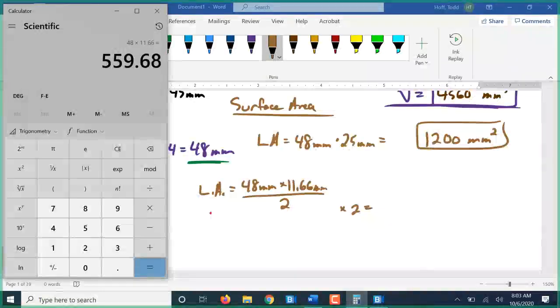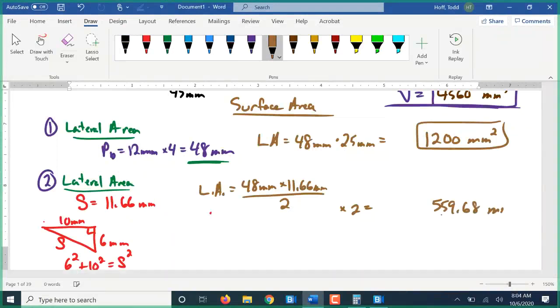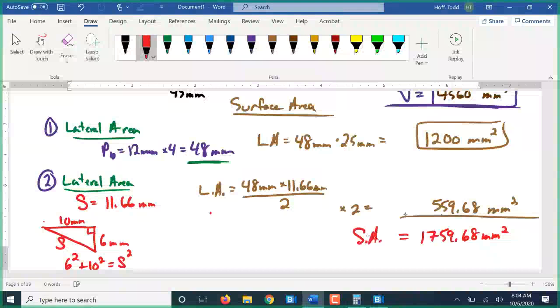So for the 2 pyramids, we've got a total lateral surface area of 559.68 millimeters squared, which adds up to 1759.68 millimeters squared total surface area.